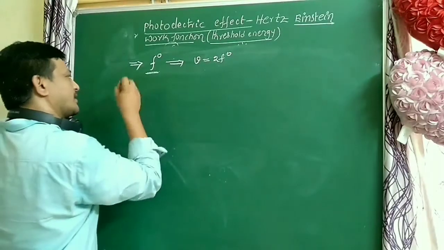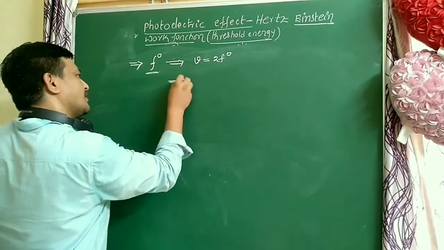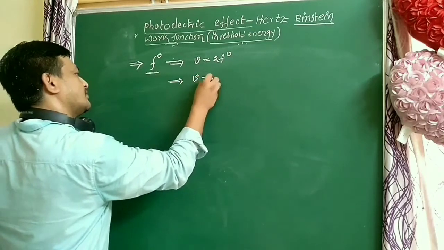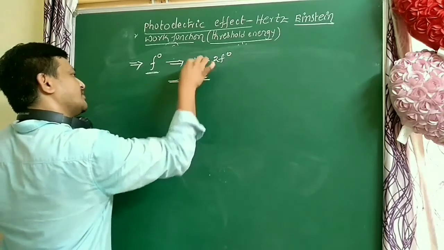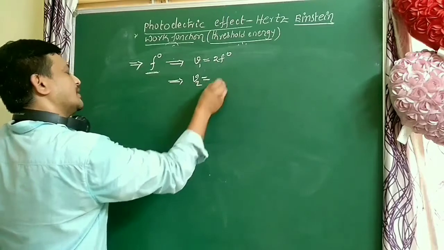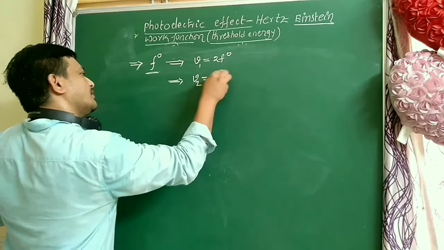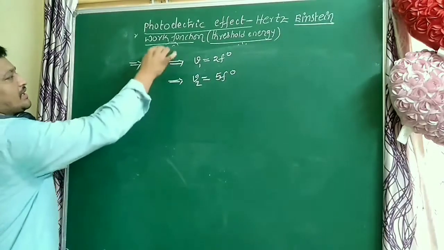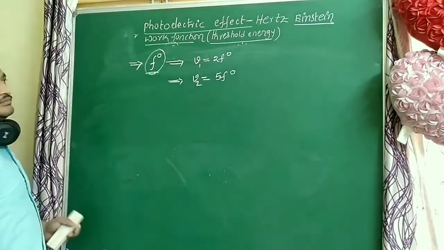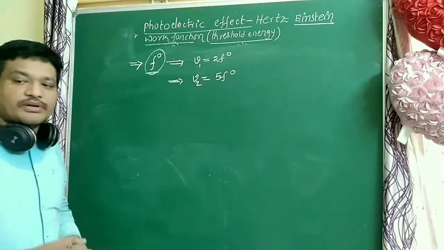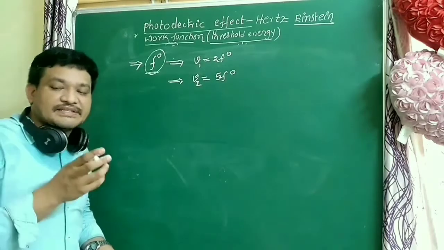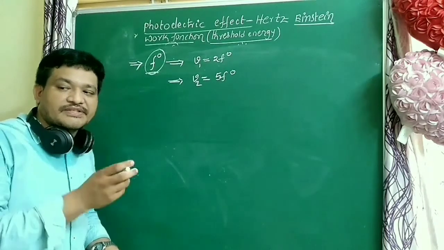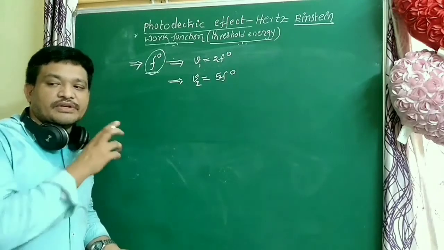Next, another radiation is used on the same metal, with the second frequency. This is mu1, this is mu2, equal to 5 f naught. Now find out the velocities V1 and V2.